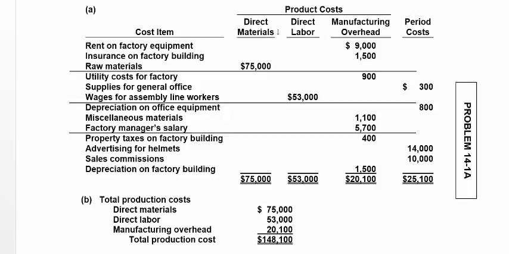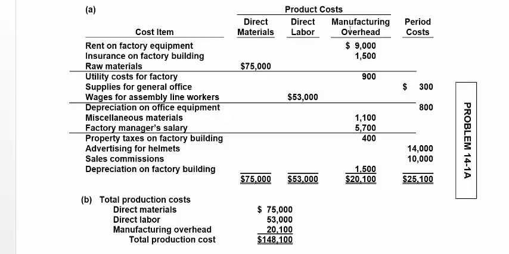So for direct materials, we use $75,000 worth of raw materials. Therefore, the total direct materials is $75,000. Direct labor, we had those assembly line workers, their wages of $53,000 for a total of $53,000 for direct labor.